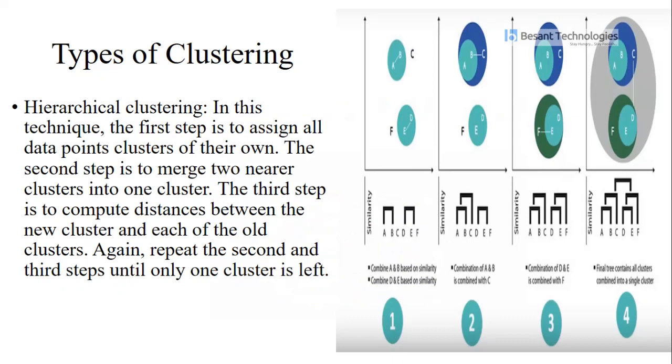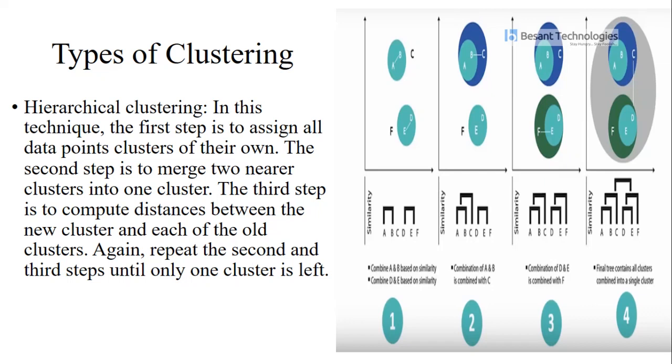Then hierarchical clustering. In this technique, the first step is to assign all the data points to their own clusters. The second step is to merge the clusters into one group. The third step is to compute the distance between the new cluster and each of the old clusters. Again we repeat the second and third steps until one cluster is left.